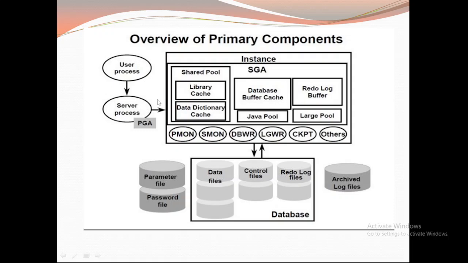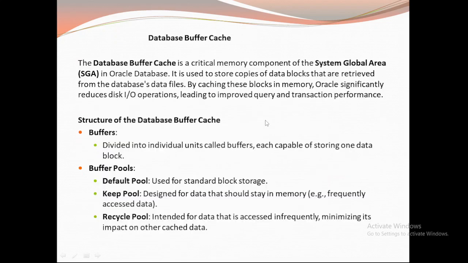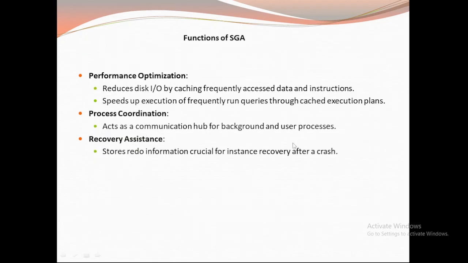It is the coordinator of those things. Third, recovery assistance: it also stores the redo information, which is crucial for instance recovery after a crash. These are the main functions of the system global area.